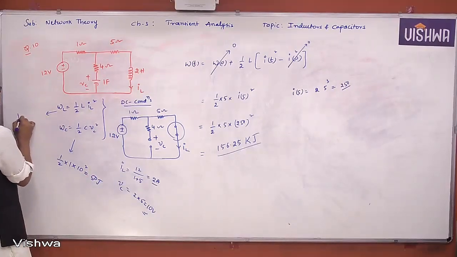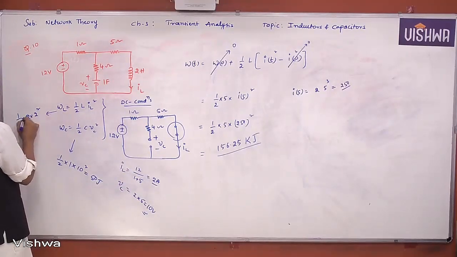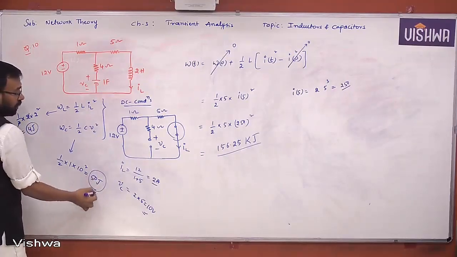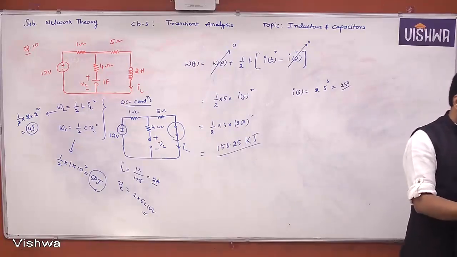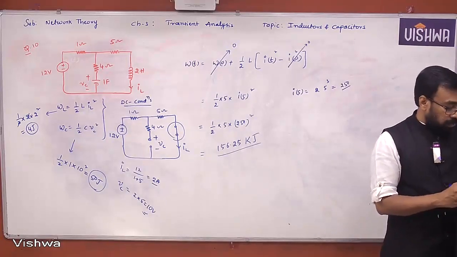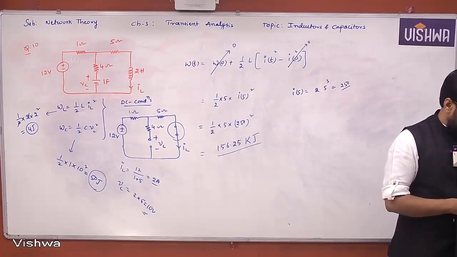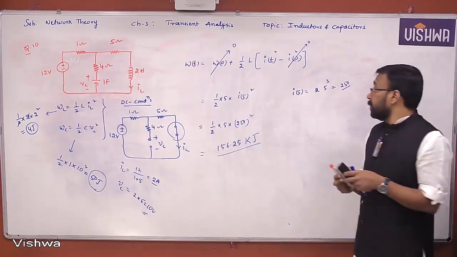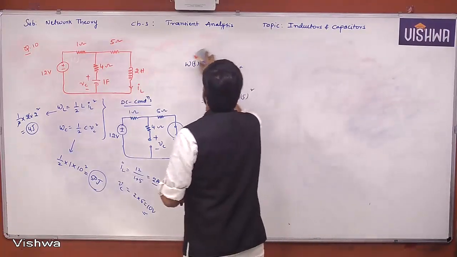Here half L: 2 Henry, IL is 2 ampere, 2 square. The 2 gets cancelled. Finally 4 joule. So WL is 4 joule, WC is 50 joule. These are very simple problems. That's the 10th problem.